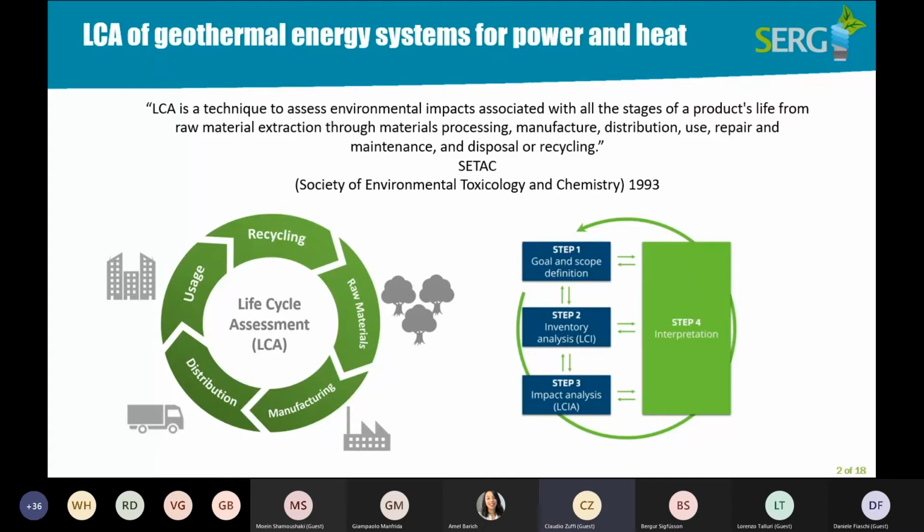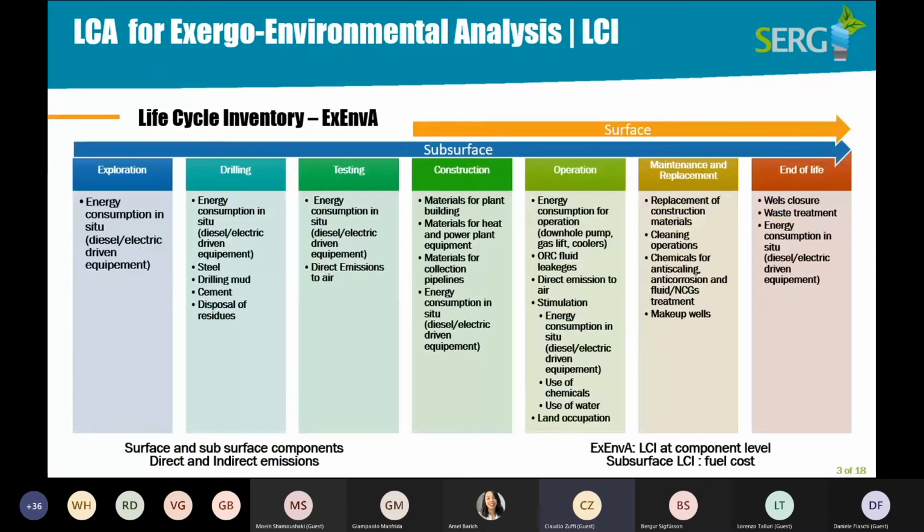This method is organized in 4 steps, and now we are going to see them to understand how to realize an LCA model with the goal and scope of evaluating the main environmental impacts of geothermal plants and to finally carry out an Exergo-Environmental analysis. In order to structure a functional way for our aim, the inventory will be organized into several processes.